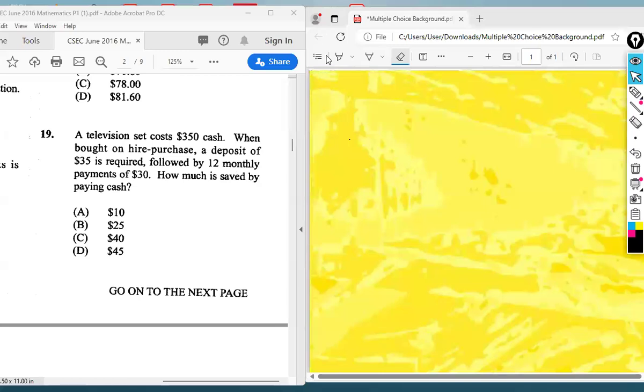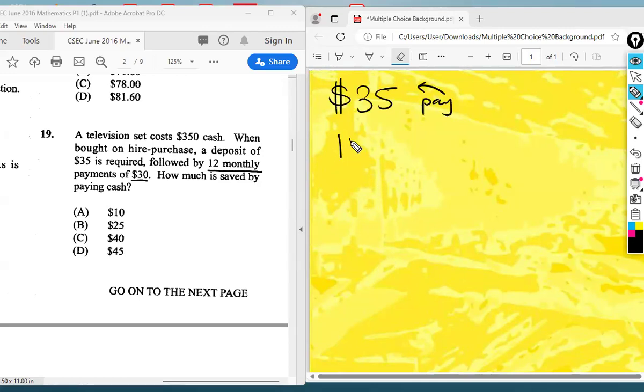Let's look at the hire purchase option. They said for the hire purchase option, you pay $35. So you go in the store and you pay this amount, $35. And as you are walking out the door, they kindly remind you that for the next 12 months, you have to pay $30 every month in addition to the 35.